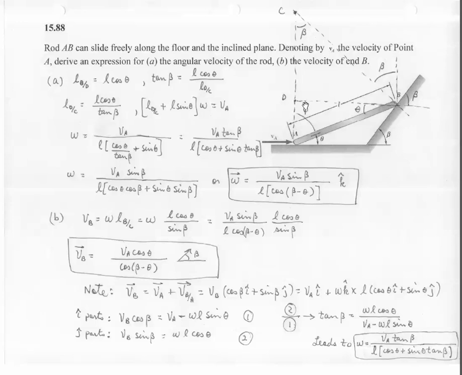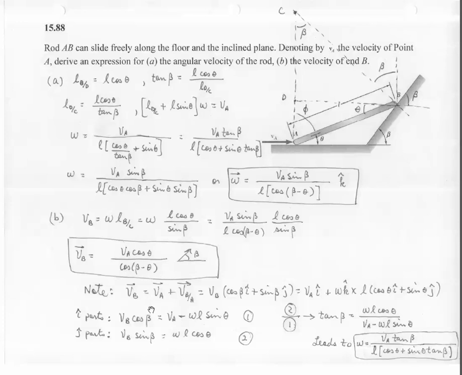The sine of beta would be this distance divided by that side right there. So this side would be equal to this side divided by sine of beta. Well, that's L cosine theta for this side divided by sine beta. And so when you do your plug-ins, you'll end up with V sub A cosine theta over cosine of beta minus theta.